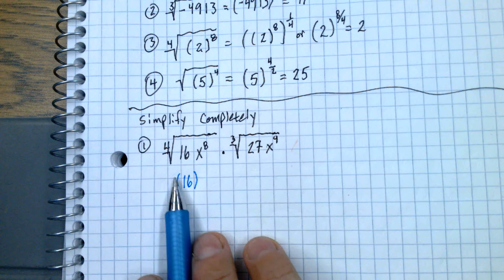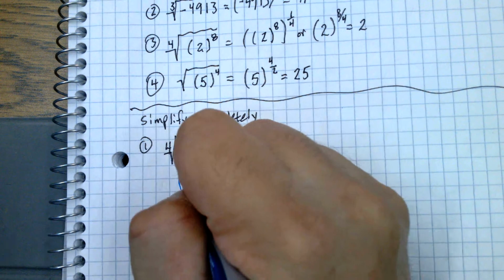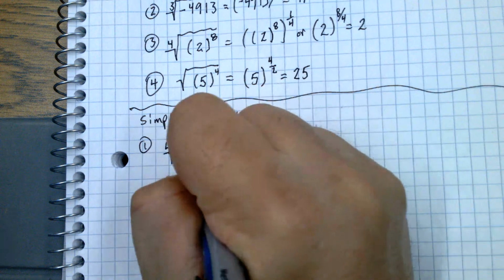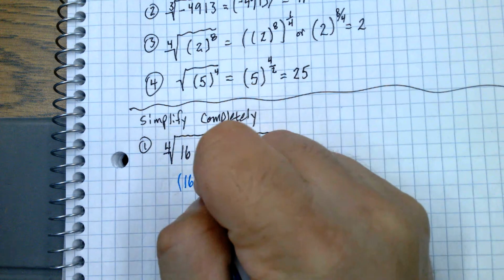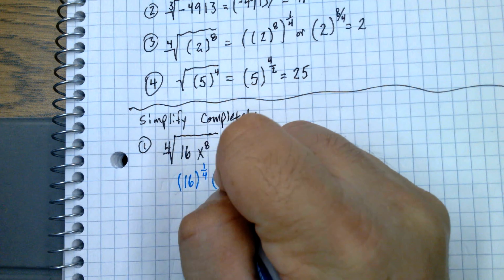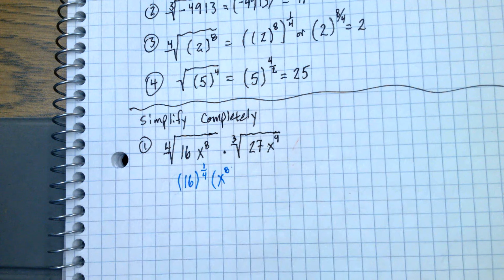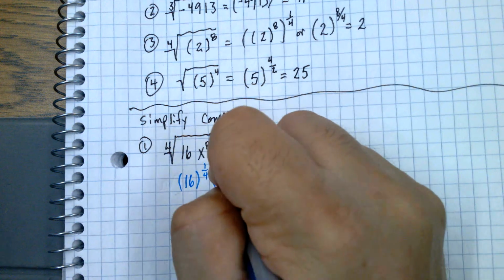How do we write this so we have fractional exponents? 1/4. Yeah, we want 1/4. And then the same thing with x to the 8th. Let's just do it that way for this step. I don't want to go too many steps and lose you guys.